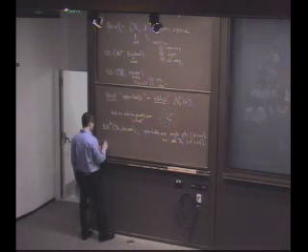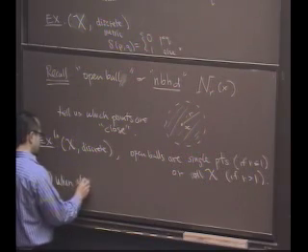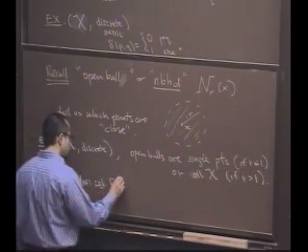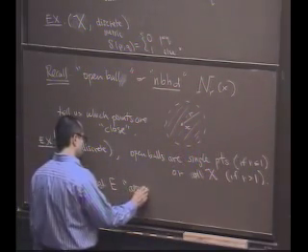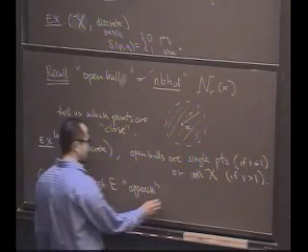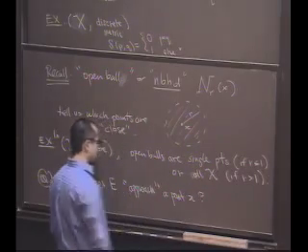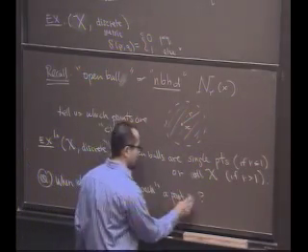So the question we might ask is, when does a set, let's say E, approach, in quotes here, because I haven't defined this, a point P? That's sort of the question.